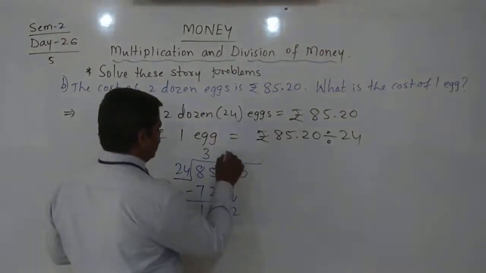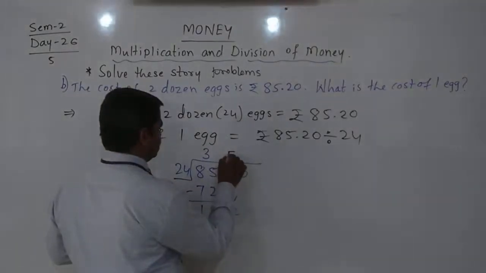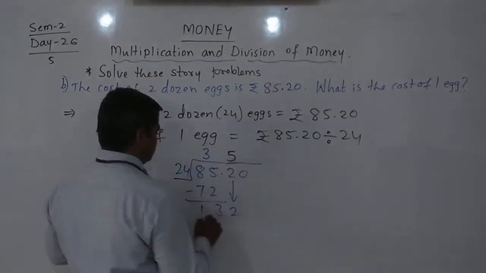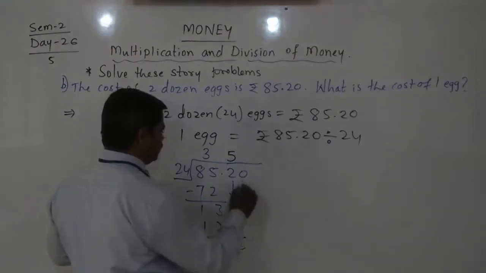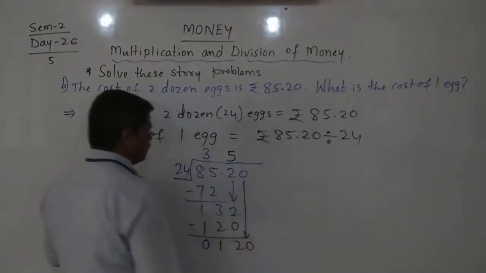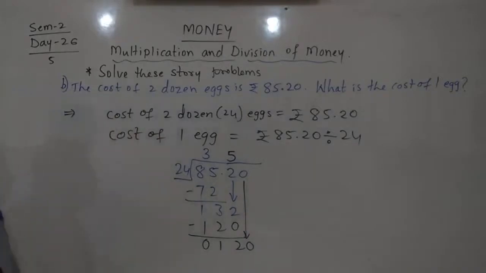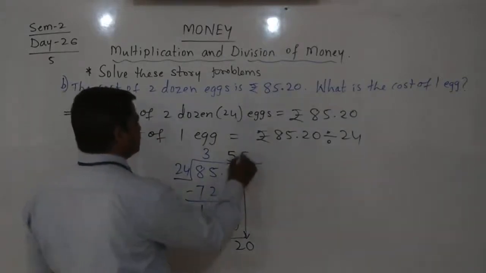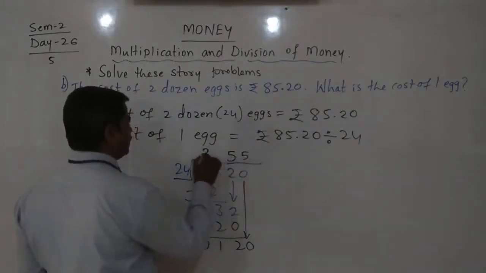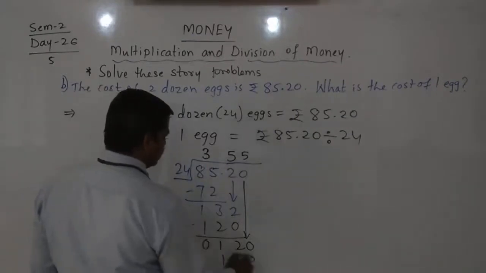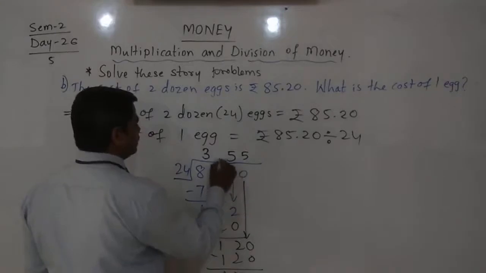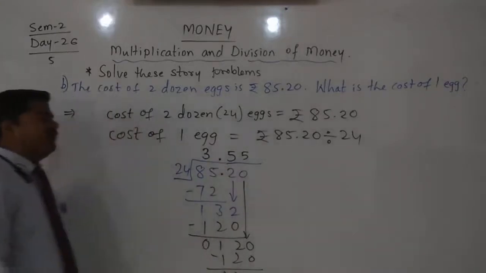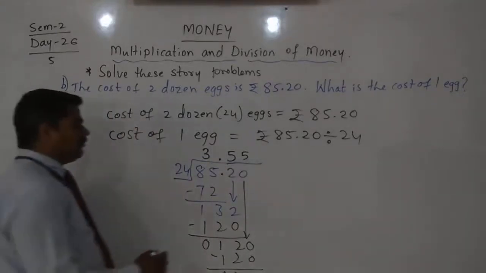Right. 5 here. 120. 2 remains, 1 0. Bring down 0. Again 24 5s are 120. Right. Then where is the decimal point? Just above that one. Here too. 3.55.